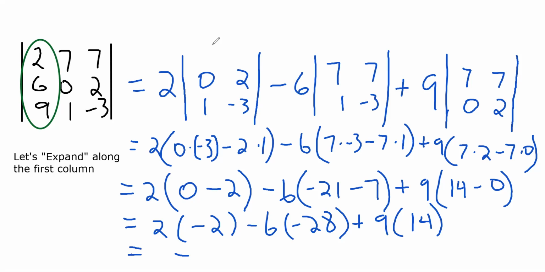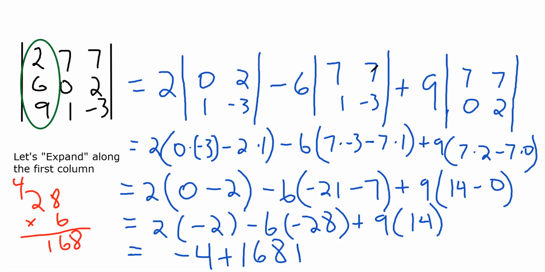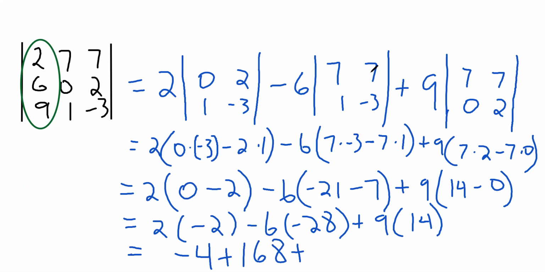2 times -2 will be -4. Then I have -6 times -28, so that'll actually become addition, which is good. 6 times 28, well, just do your old school multiplication if you can't do it in your head. 168. 9 times 14, again, you can do your old school multiplication here. 9 times 14 should give you 126, I believe.